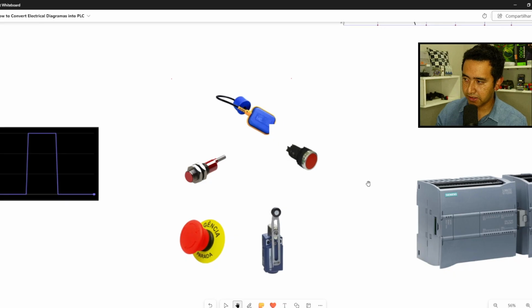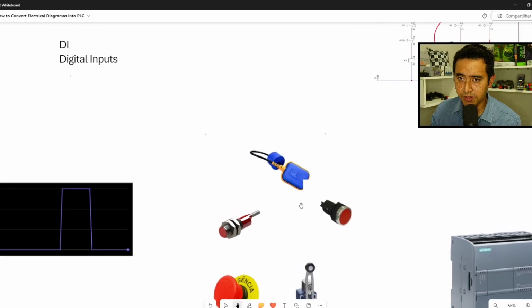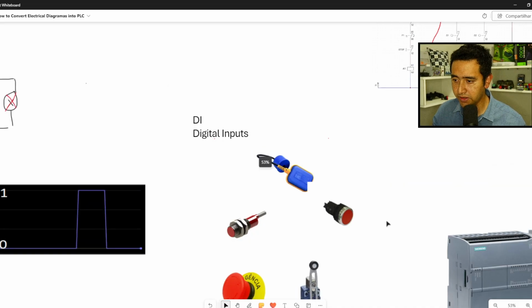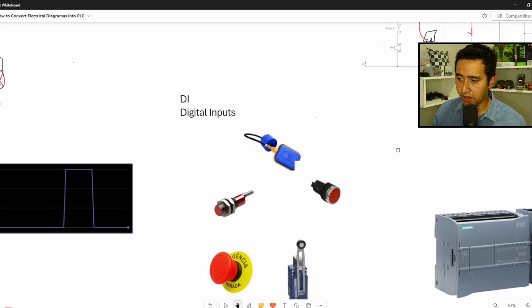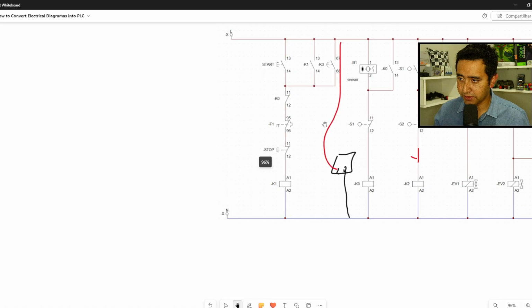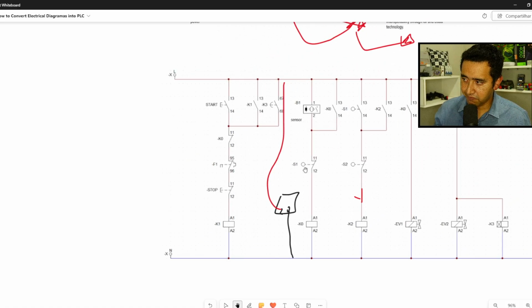All of these things that we are seeing in the image here are digital inputs. That is why we can call them digital inputs, or the eyes. Here is an important thing for us. This is the basic signal that we are going to work with, because our control diagrams have a lot of digital things.